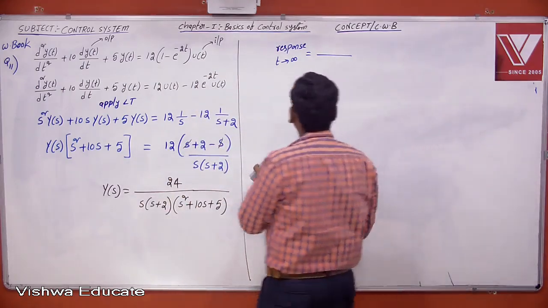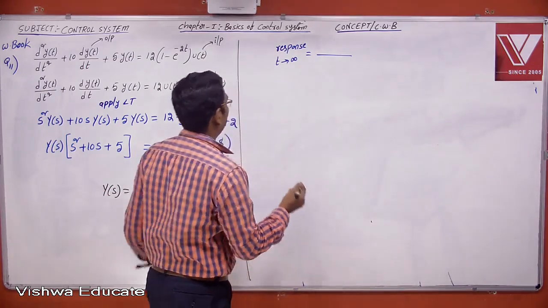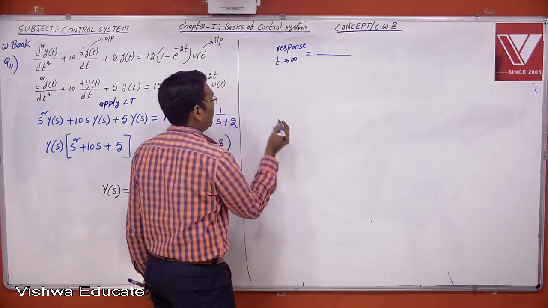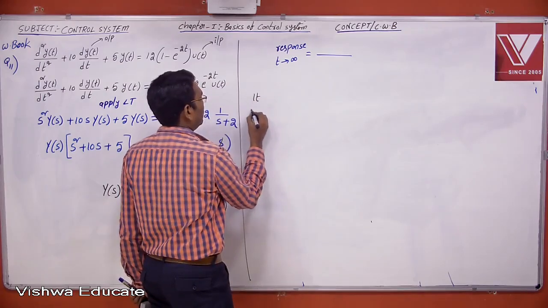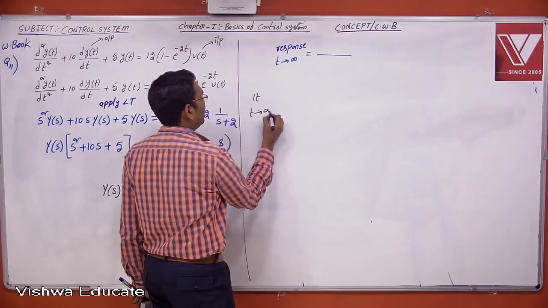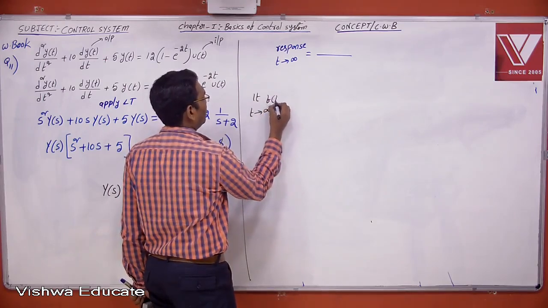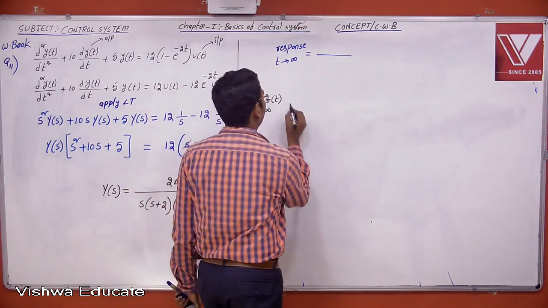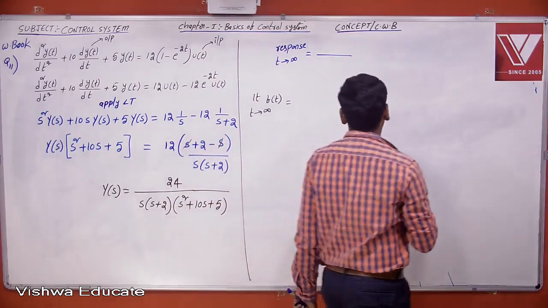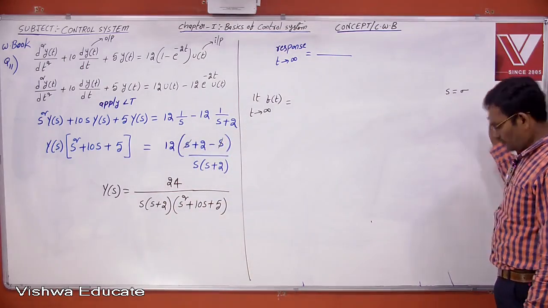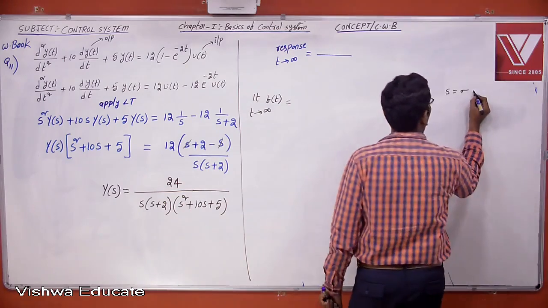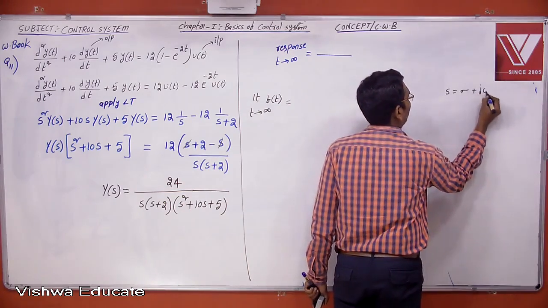Now see here, before we solve that, I want to take one important formula. Limit t tends to infinity f of t. We know that s equal to sigma plus j omega.